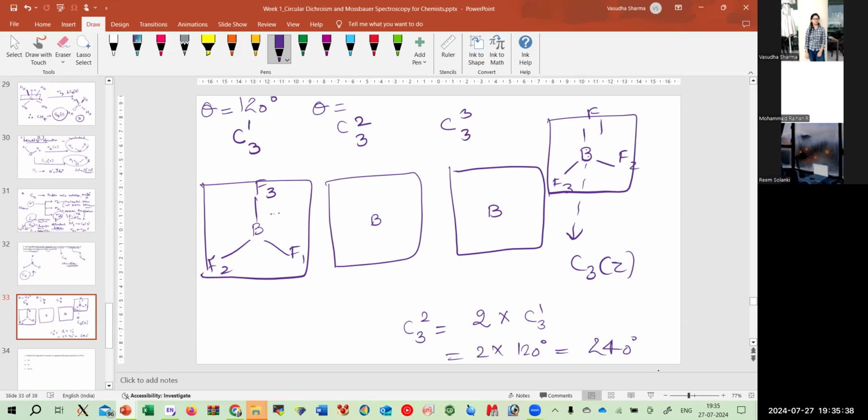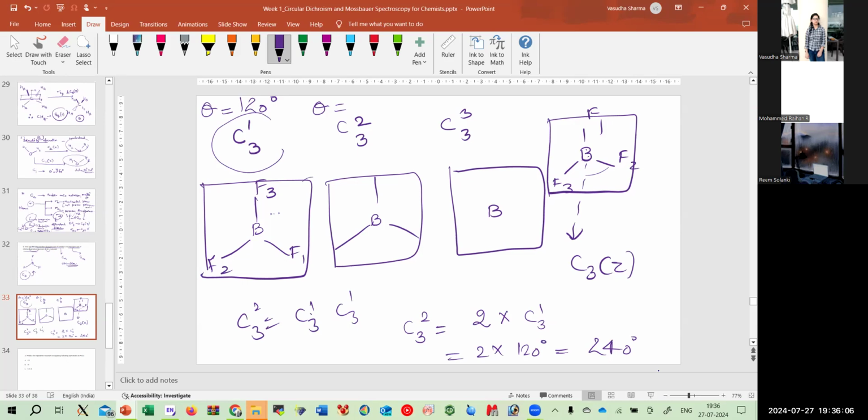You can't go to this one and apply only 120 again; that would give you the same configuration. C3 two can also be written as C3 one, C3 one, because 1 plus 1 is 2, right? So one time you have done it, you got this molecule, apply C3 one again. You will get the C3 two operation. So what would be the F positions?